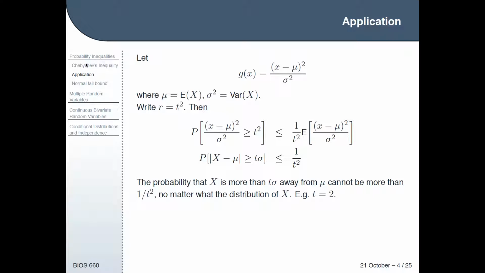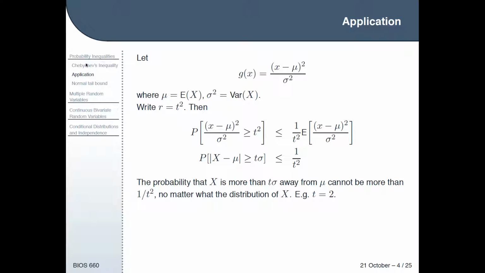And this is true for any distribution that you can think of, even if it's not normally distributed: the probability that x is more than t sigma away from mu cannot be more than 1 over t squared, no matter what the distribution of x is.